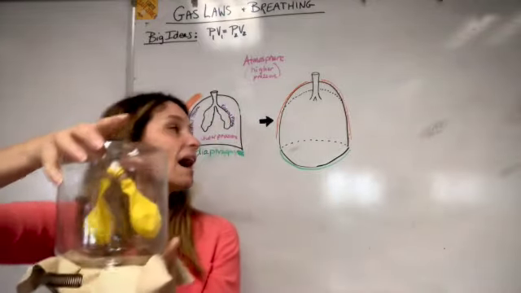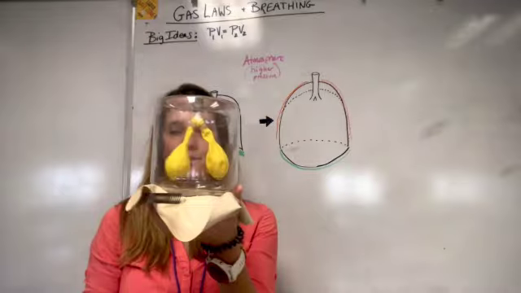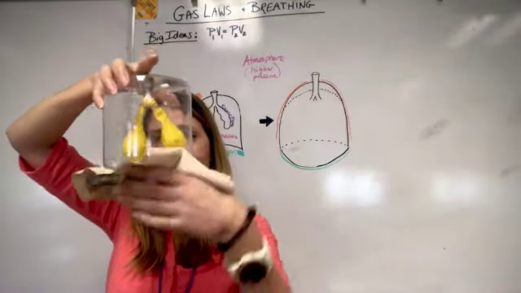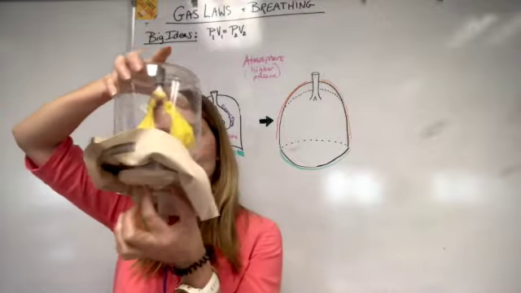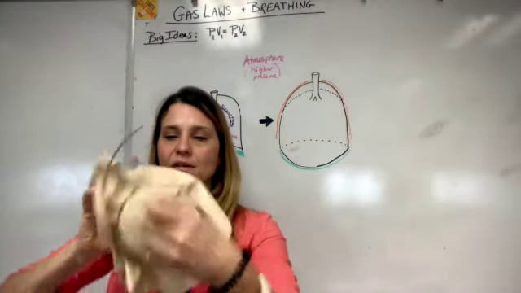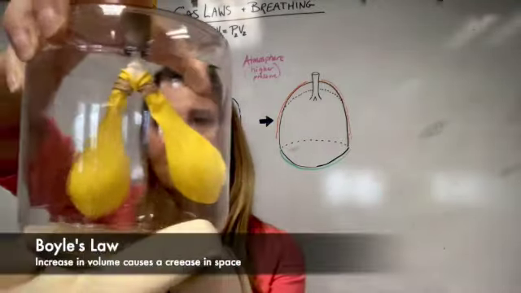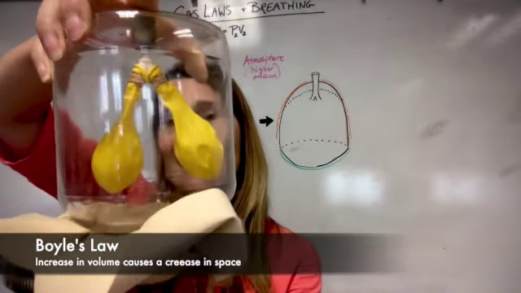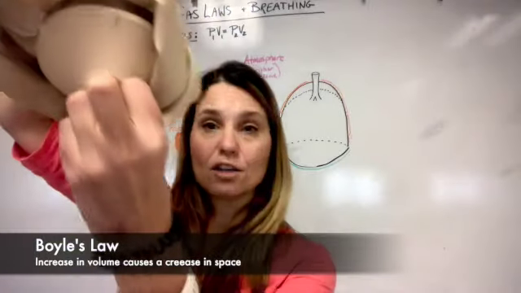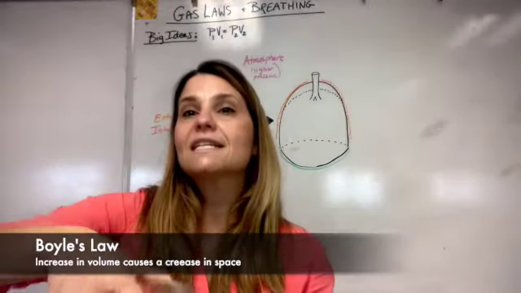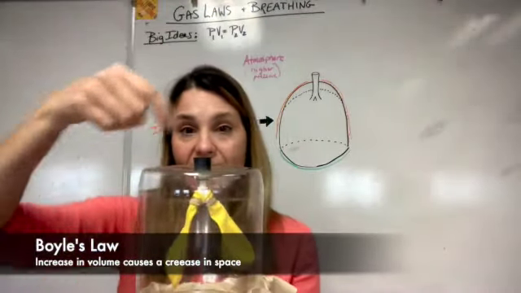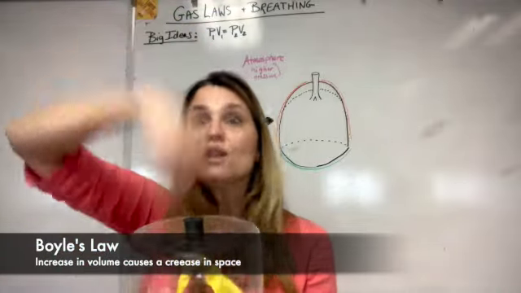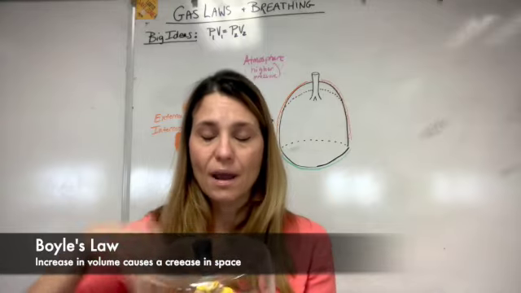Now, if I increase the volume or increase the space by pushing my diaphragm down, take a look at what happens, right? It creates less pressure. Increase volume, increase the space, it decreases the pressure, and then it causes the gas molecules to want to go in there. We're trying to fill the space that we just lost, okay?